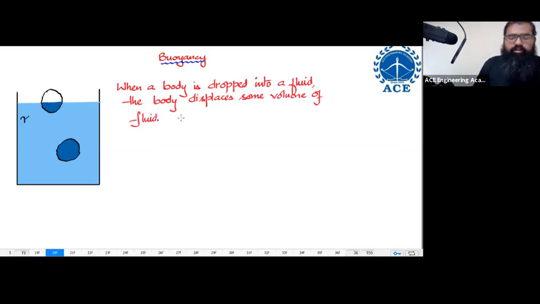For example, in both cases, the darker blue region is the volume of fluid that has been displaced.